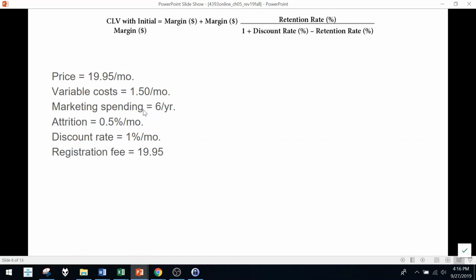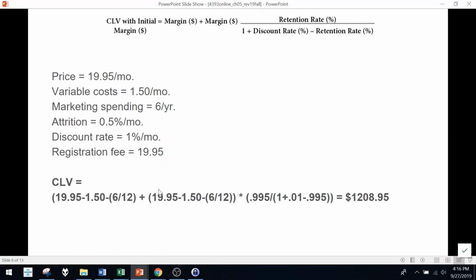Now we also have a registration fee that's also $19.95. So the question is, given this initial margin, what does this do to our customer lifetime value? Okay, and it looks something like this. The number actually goes up.